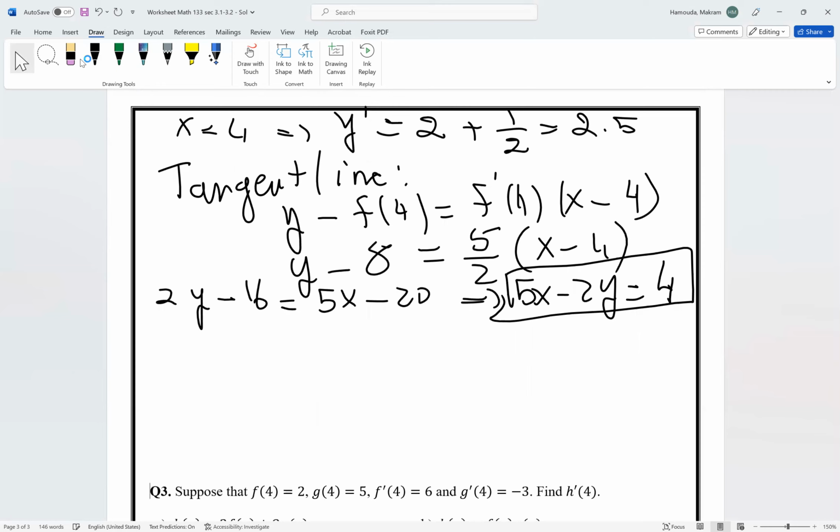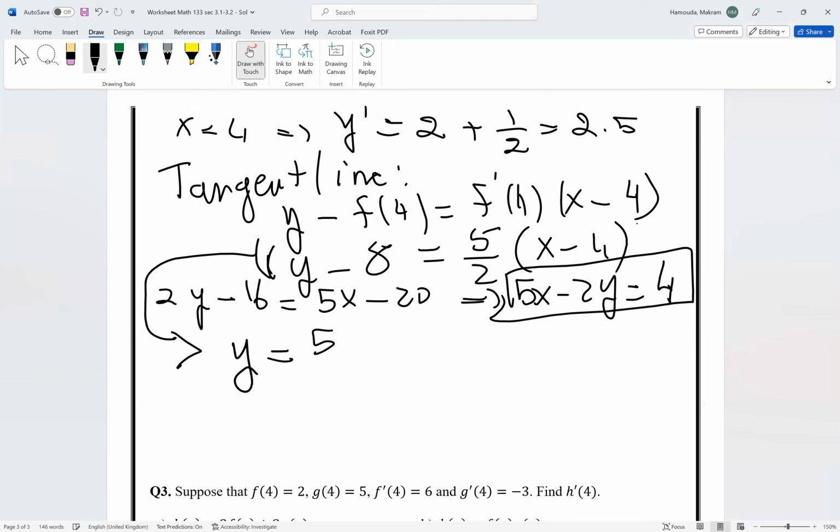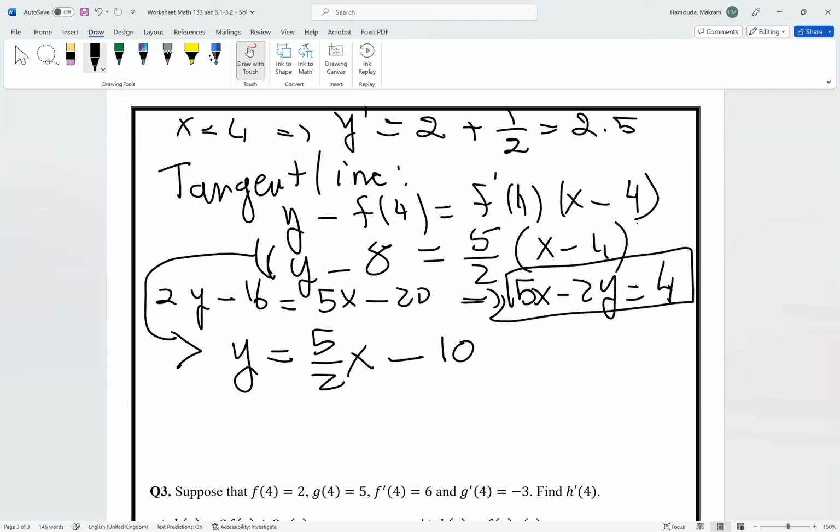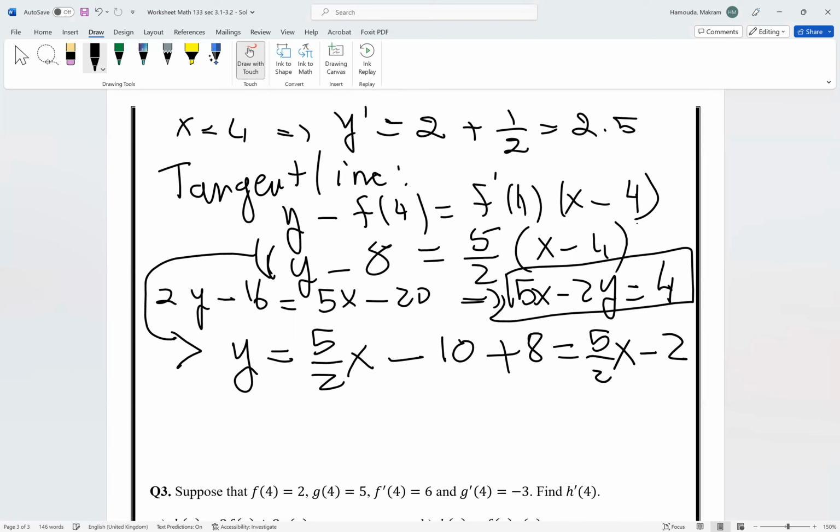So it's very easy here, since from this I will return to this form here, and y equal to 5 over 2 x. I will expand the one to the right, minus 5 over 2 times 4, that means 10, and plus 8. So this gives me 5 over 2 x minus 2. This is the slope-intercept form of the tangent line.